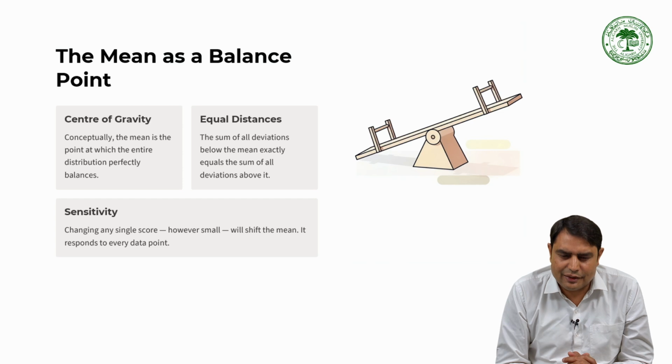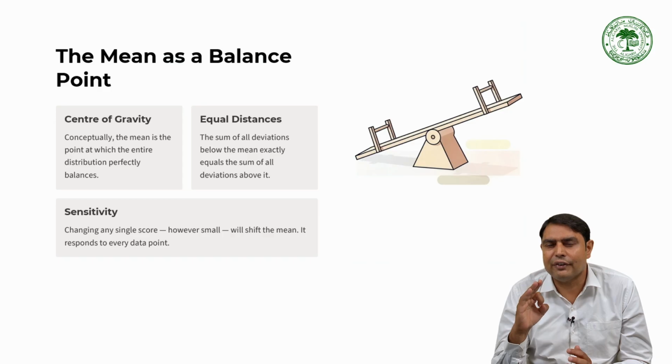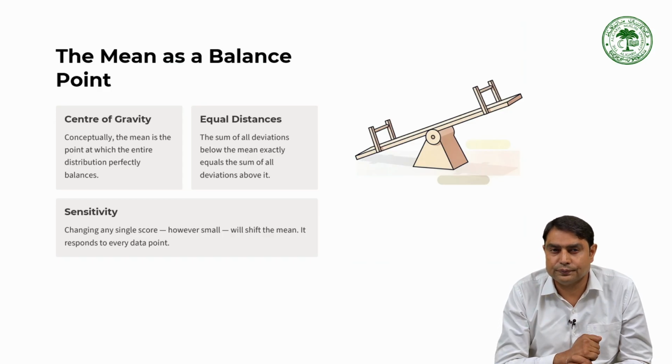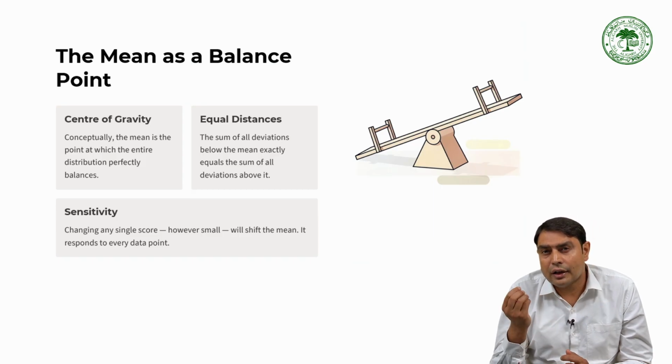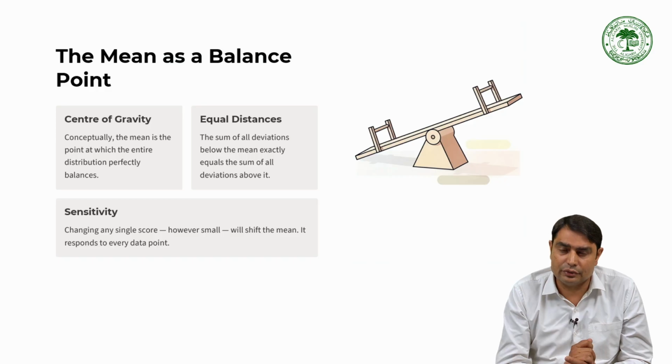Mean is a balance point. How? Mean is often described as the center of gravity of the data set. This is a very useful interpretation because it shows that the mean is not just an average by formula, but a balancing value.